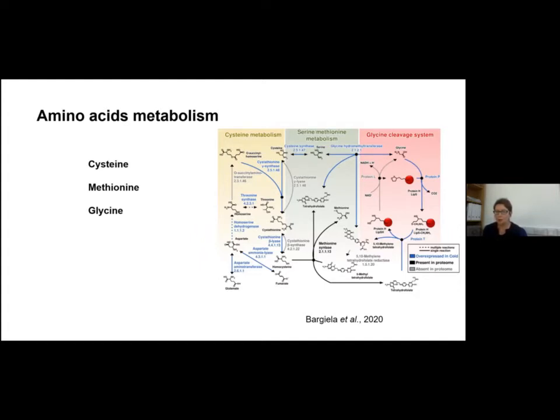Furthermore, we observed a decrease in methionine, and we expect that overexpression of methionine could be important for the synthesis of S-adenosyl methionine, and S-adenosylmethionine synthase is one of the most expressed proteins, which provides important methyl donor groups for methylation of DNA, for example.